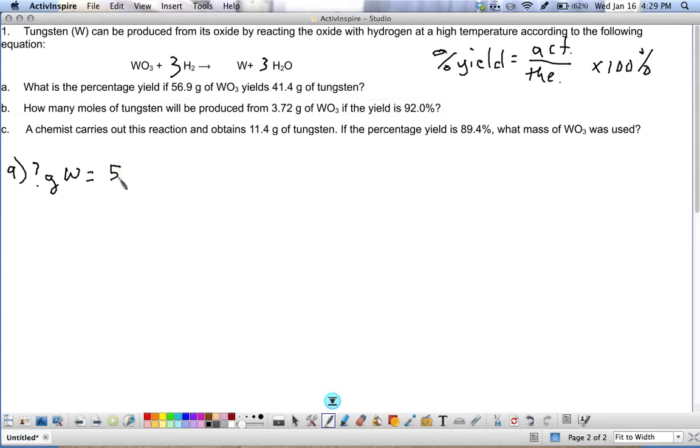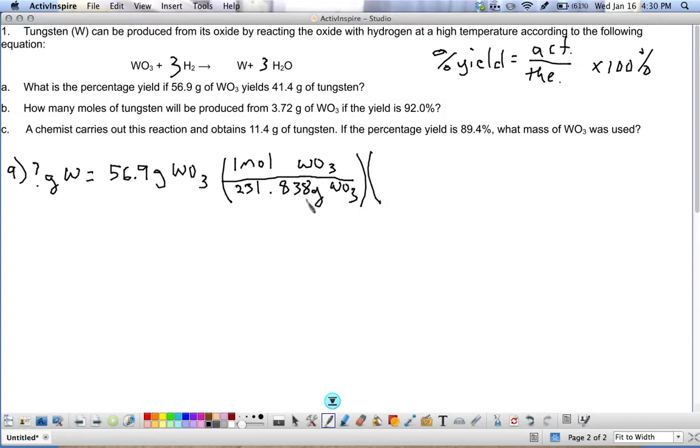So this becomes just a dimensional analysis problem. And let me give you a little piece of advice here. Store the molar mass of WO3 in your calculator, because you're going to use it a lot.